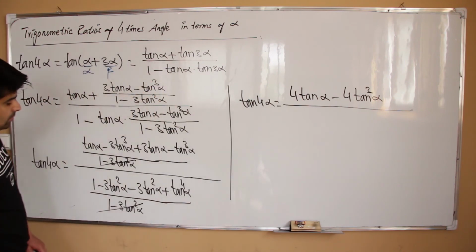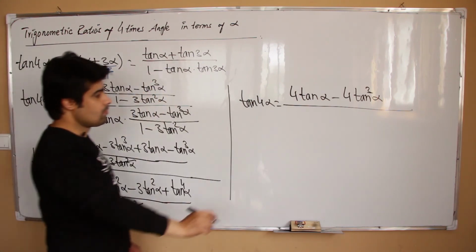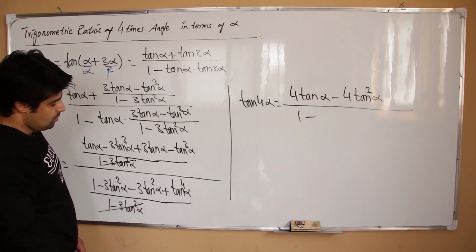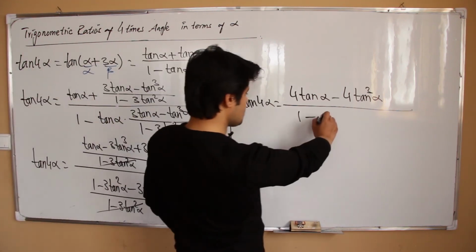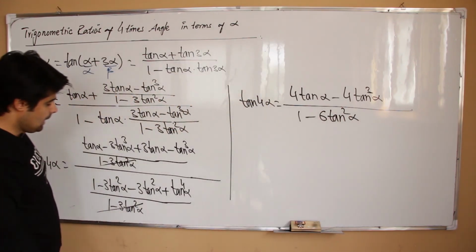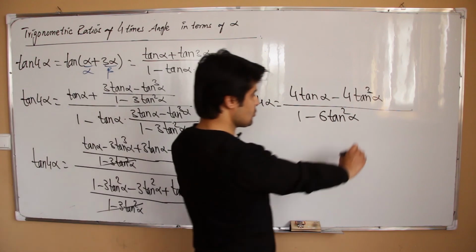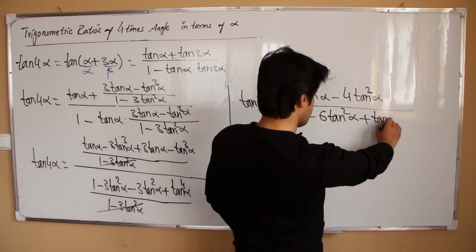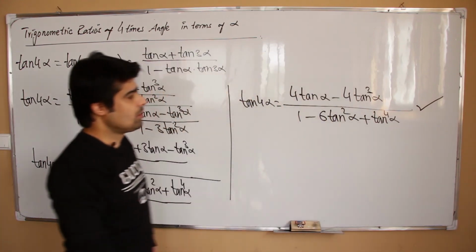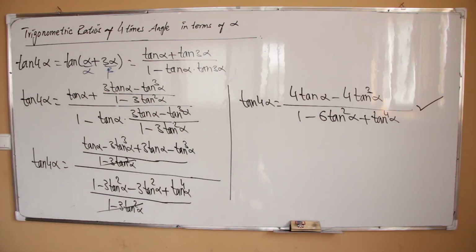Am I right? Denominator: 1 minus 3 tangent square, 3 tangent square, 6 tangent square of alpha, and plus tangent to the power 4 of alpha. This is the formula that we can use for 4 alpha.